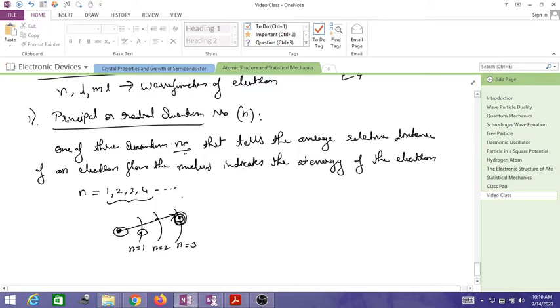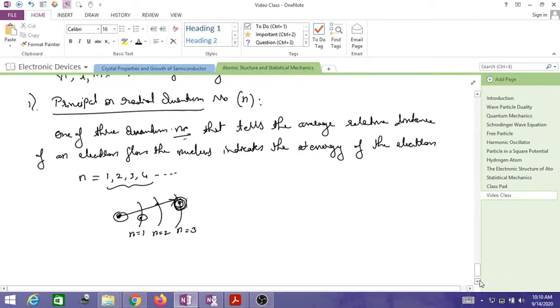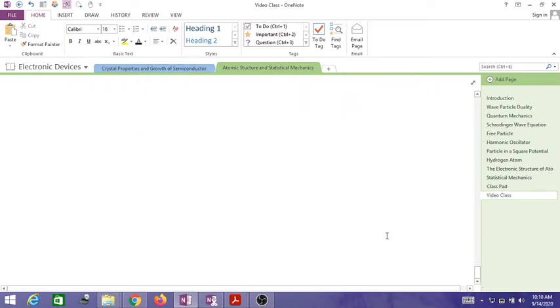Now let us look into the next quantum number. The next quantum number is called the orbital or azimuthal quantum number.